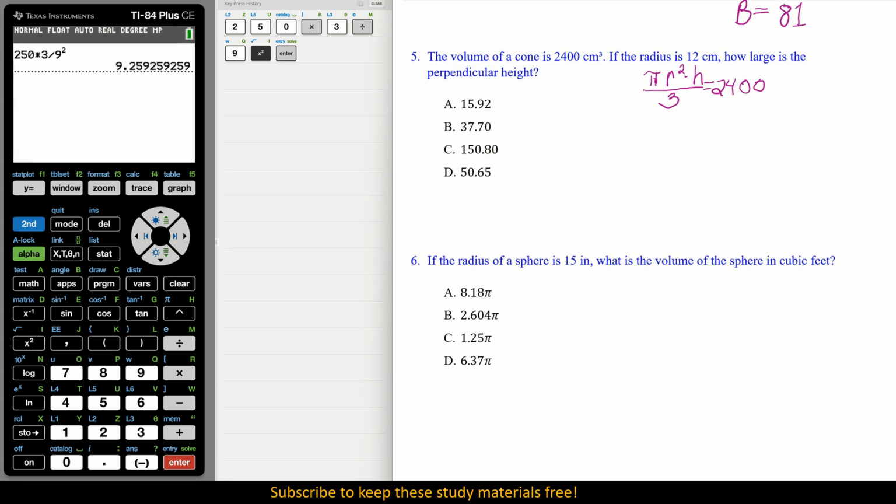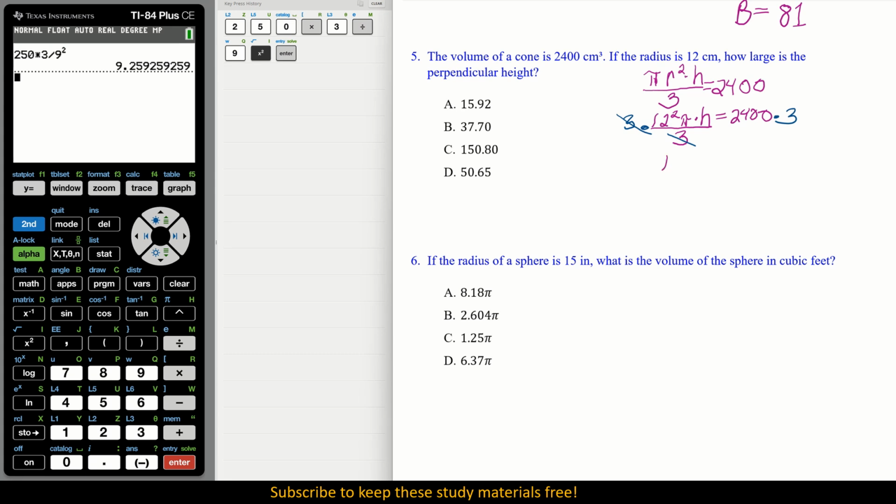Okay, so what do we really have? Let's do this correctly. We have 12 squared pi times the height equals 2,400, all of this side divided by 3. Now we multiply both sides by 3, and that means this is canceled.